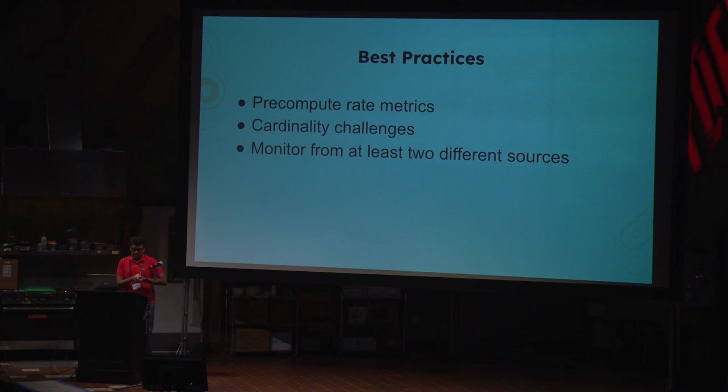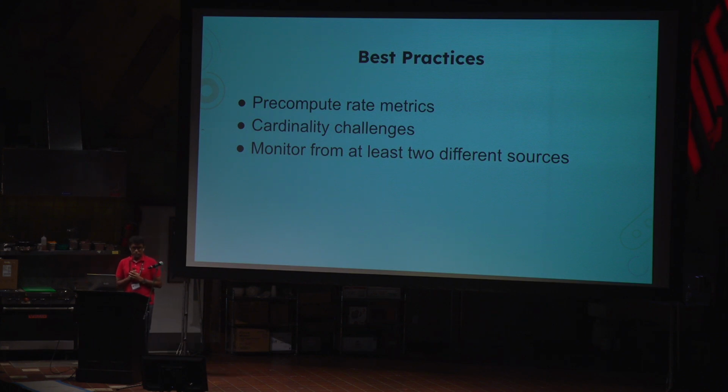You want your role, basically what role is being served by the device, like top of the rack or firewall. You want the site, where the device belongs, and then the device name itself. And then you will have additional labels like interface name, but that would vary depending on what kind of metrics are being generated.